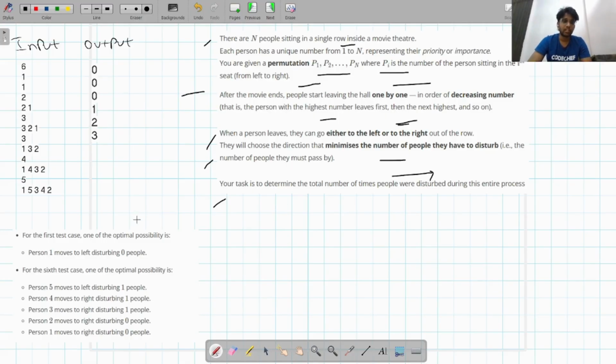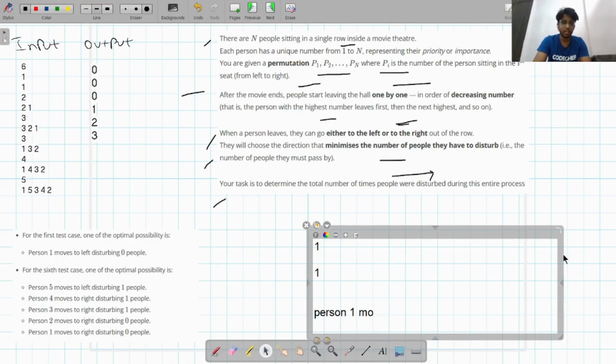Now let's take the first test case. In the first test case, we have N equal to 1, and the permutation is 1. So for the first test case, one of the optimal possibilities is that the person 1 moves to the left.